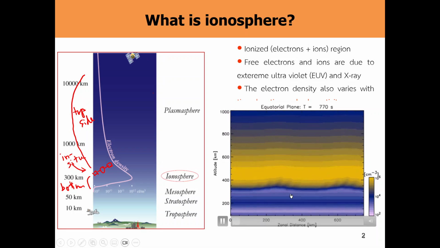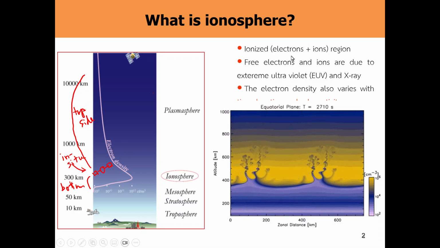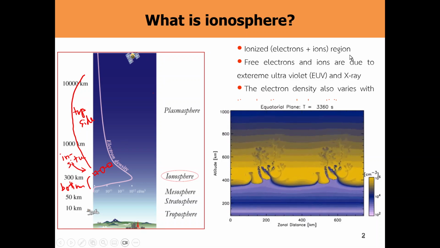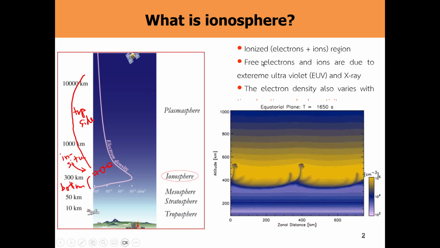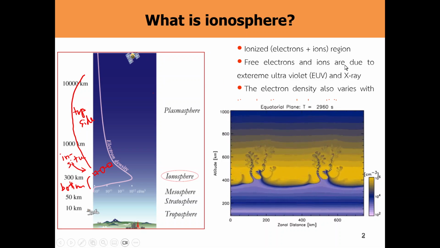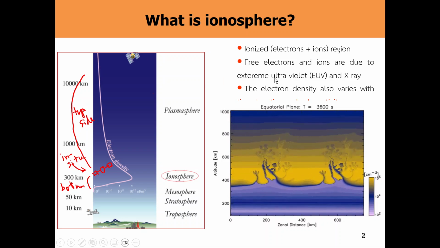So they are very, very dynamic. And because they are ionized, electrons or ions, that means these free electrons are mostly from the effects of EUV or X-ray, and that's how they ionize.